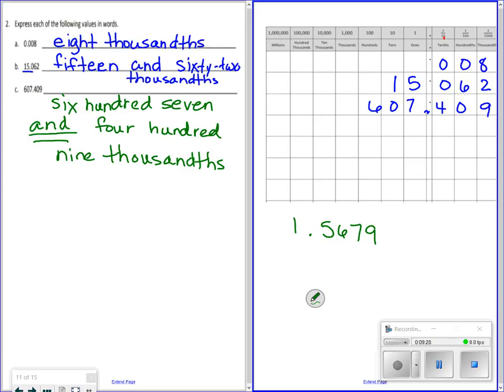So I was in there going, okay, this is tenths, hundredths, thousandths, ten-thousandths, or hundred-thousandths. So it's like 56,794 hundred-thousandths. So after a while, you're like, okay, 1.5679. Let's just do it. After a while, you're like, okay, our numbers really don't get this big in here. We pretty much stop here when we're saying names.